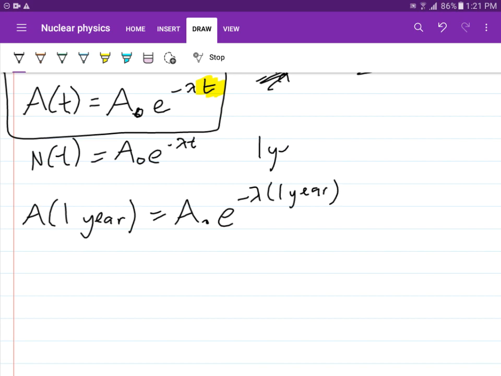So 1 year in seconds is 3.156 times 10 to the 7 seconds.